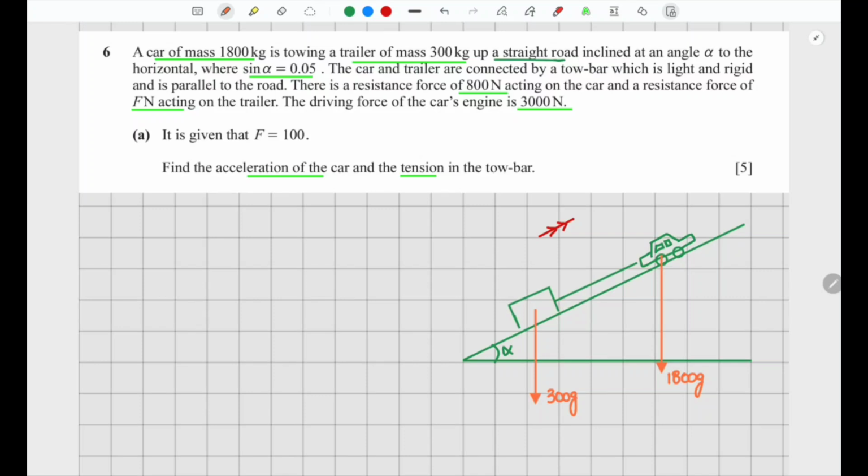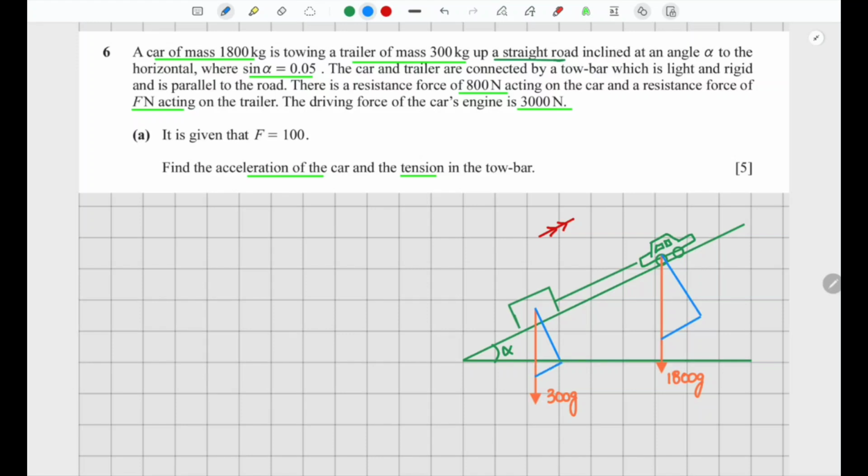Now we have to resolve them. So resolving it will give you this perpendicular component, and this is your parallel to the plane component.